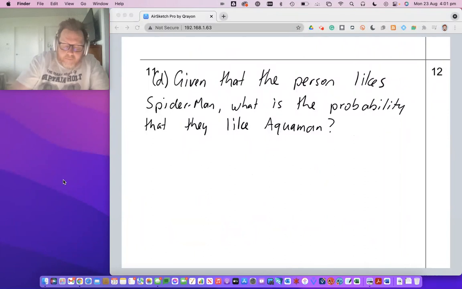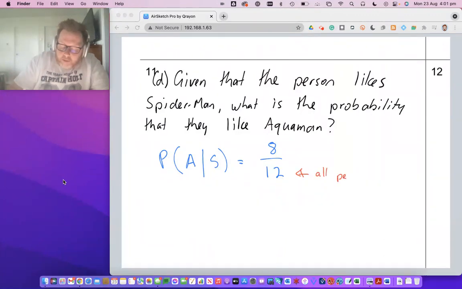So I'll draw that up for us. So the probability, wait for the notation as well, the probability that they like Aquaman, given, and to represent given in a probability calculation, we're going to use a vertical bar like that. So probability that they like Aquaman, given that they like Spider-Man, is going to be 8 out of 12, because that's all people who like Spider-Man.